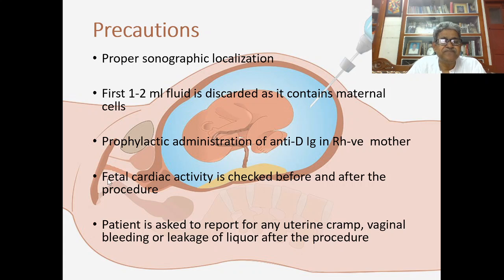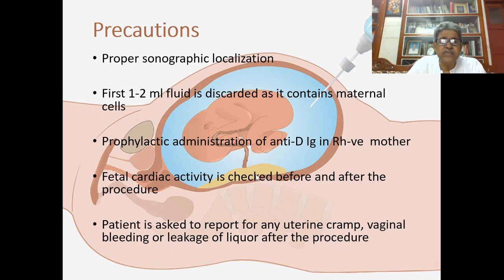Now another point, the fetal cardiac activity is checked before and after the procedure. What is the importance of this precaution? The fetal cardiac activity is very important because if there is any stress exerted on the fetus, that may be reflected through the cardiac activity.